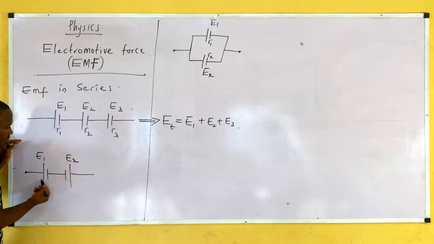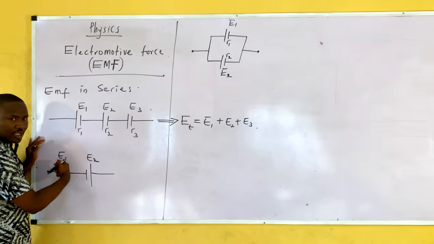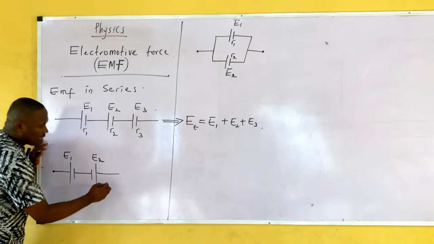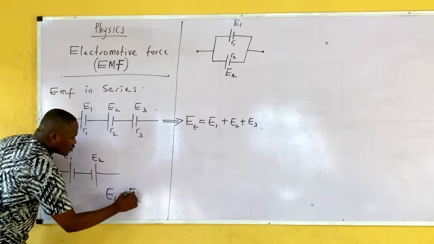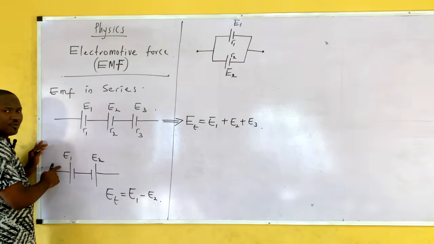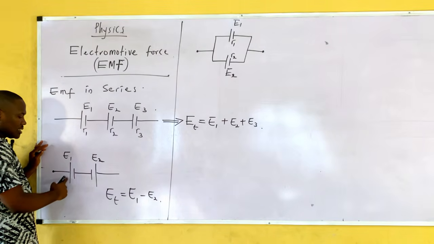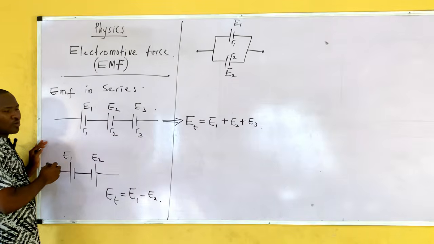But if the terminals were exchanged like this, now our total EMF is equal to E1 minus E2. Take note of this, very important. This one, the terminals were exchanged, but this one follows a regular pattern.